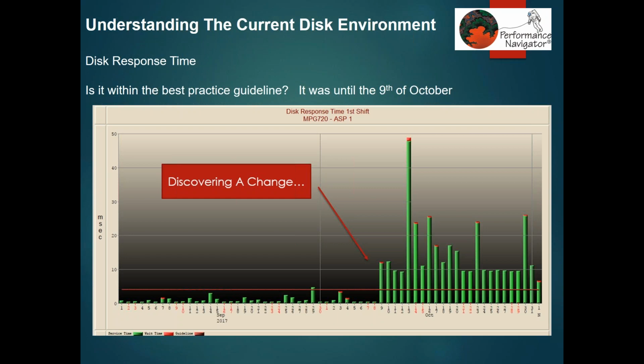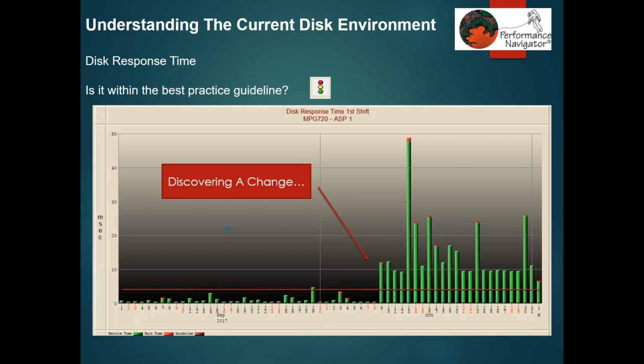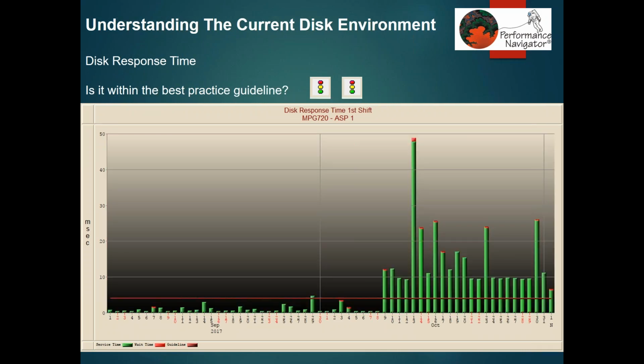I literally saw this weekend as I was doing screenshots for this class. And I'm like, what is going on? So I was having fun troubleshooting. So the best practice guideline, like I said, is to be 4 milliseconds or less. We've discovered the change. You can see that when I put my little guidelines button on there, it is Mayday. What is going on? So this is the kind of stuff that you guys will see by looking at your historical data.